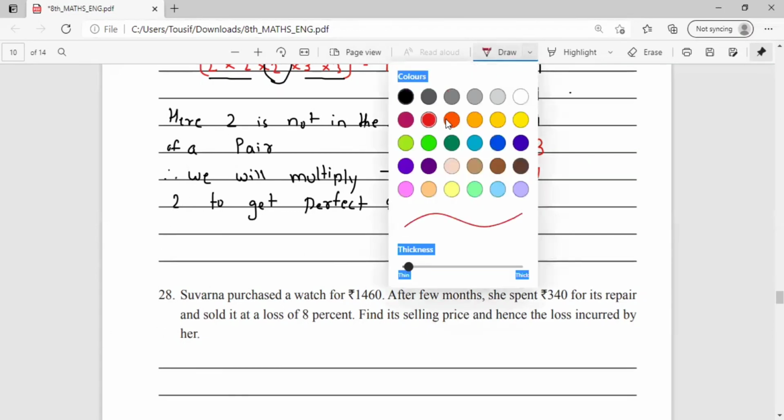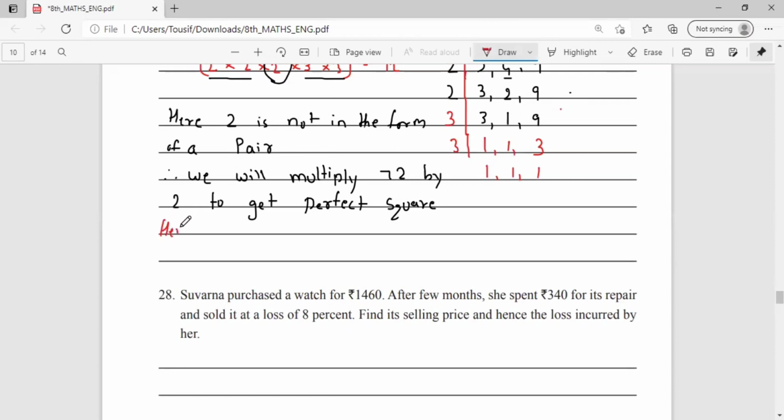Last sentence. Hence the smallest perfect square number divisible by 6, 8, and 18 is 72 into 2, which will give the value as 144. 144 is the smallest perfect square.